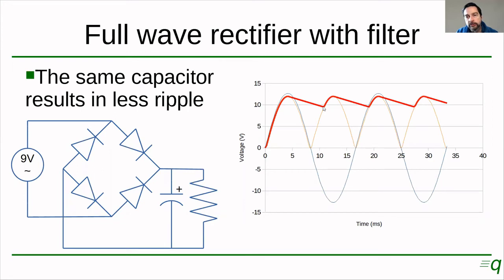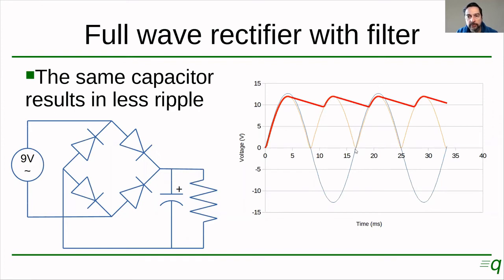In the half-wave rectifier, the capacitor had to hold the charge until this point pretty much here, right? Because we didn't have this positive half cycle here. Now, because the full wave rectifier will provide us with our positive half cycle here, with the same capacitor and the same resistor, this capacitor does not discharge all the way to the previous voltage because we're recharging it sooner, right?